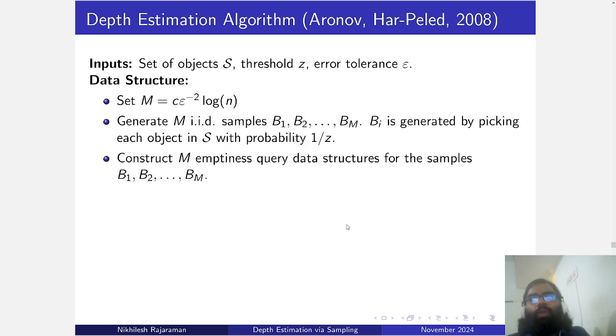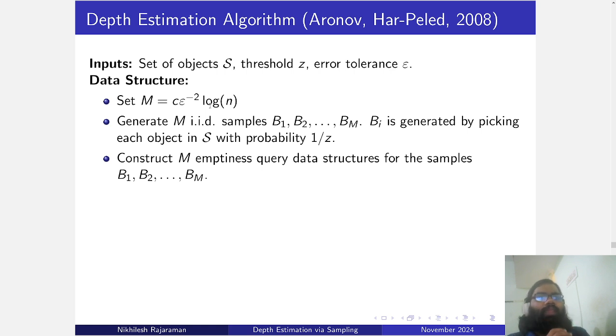And here's how we do that. As we saw, the idea was to generate m independent random samples from our object set and use those along with emptiness to solve our estimation problem. The value we'll set m equal to is some c times log n divided by epsilon squared, so this is basically order of log n divided by epsilon squared.